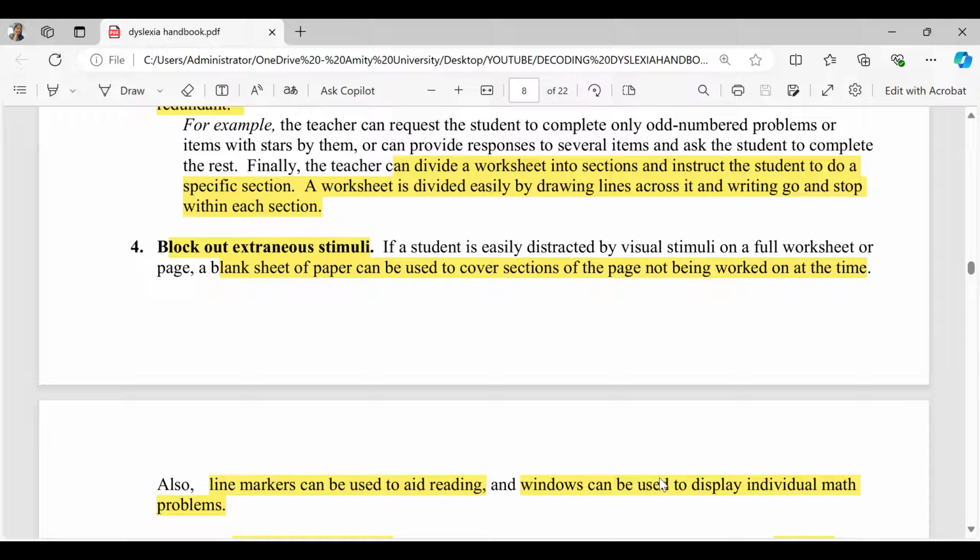So I can put a blank page to cover that visual stimulus, which is not necessary.